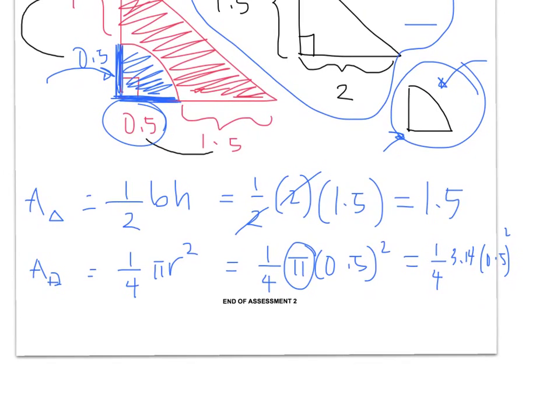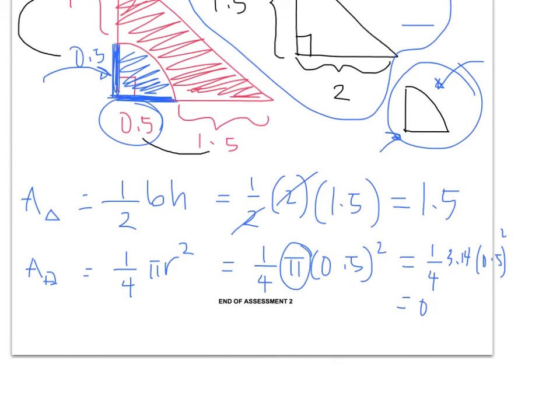Okay, so the second one will be 0.92. So final computation will be area of the triangle minus area of the quarter of a circle. That's 1.5 minus 0.92, and that is equal to 1.3.